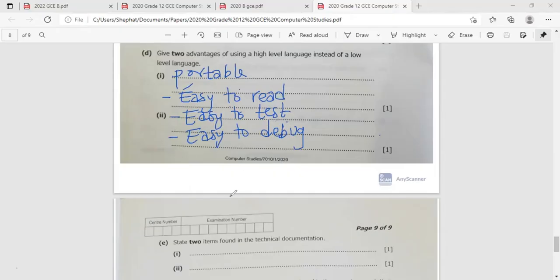Okay, let's go to part E, state two items found in the technical documentation.